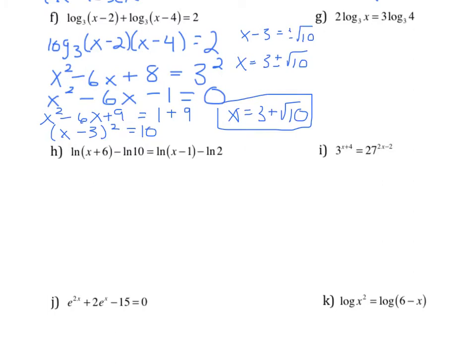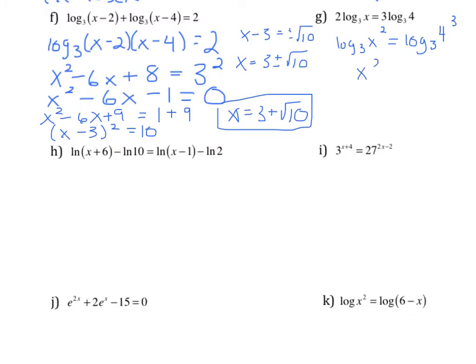For g, I have 2 times log base 3 of x equals 3 times log base 3 of 4. So first I want to take my coefficients and move them to the exponents. And since I have 1 log on each side, they can cancel.